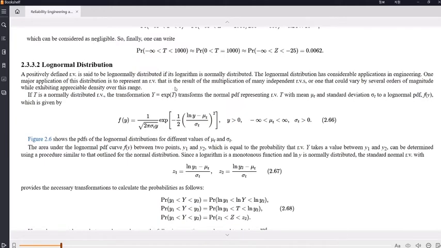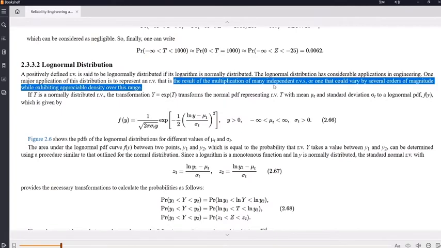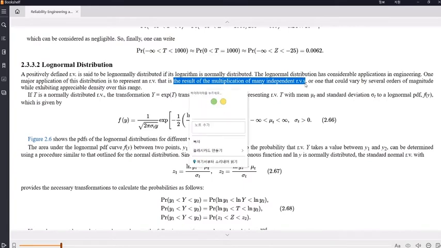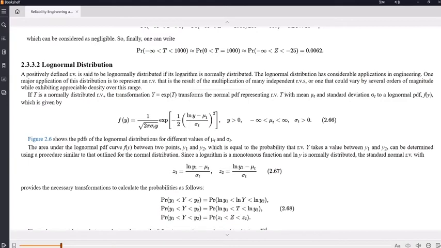One major application is when the result of multiplication of many independent random variables is the random variable of interest. Here it defines y.